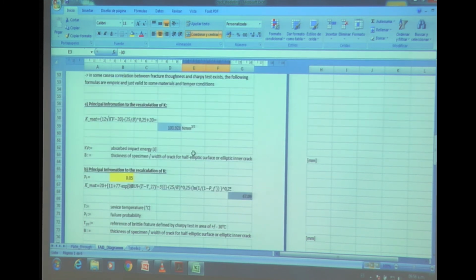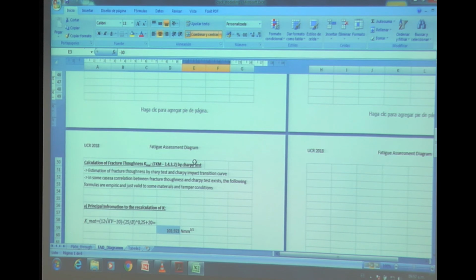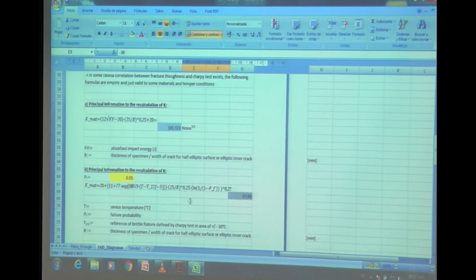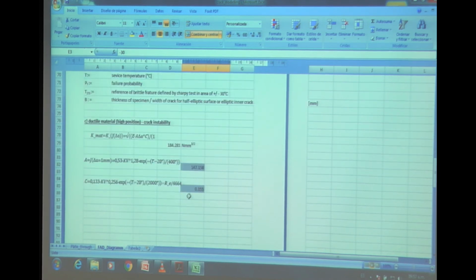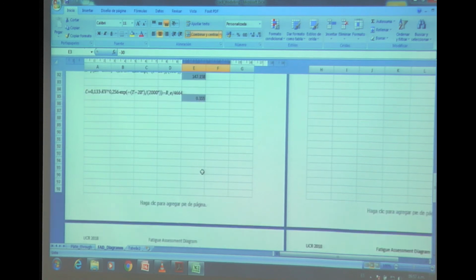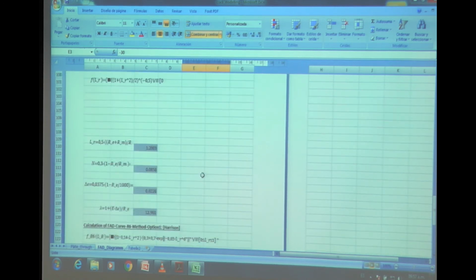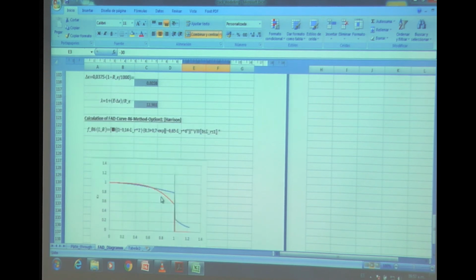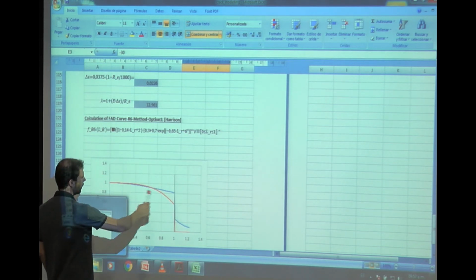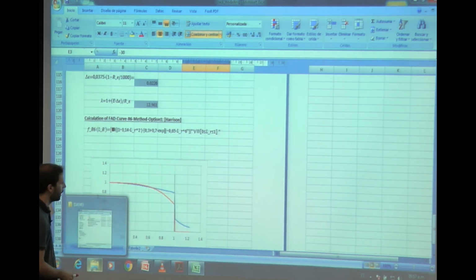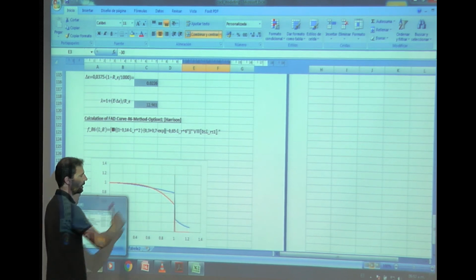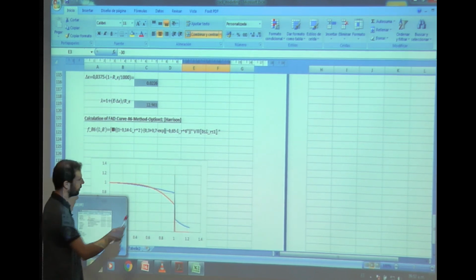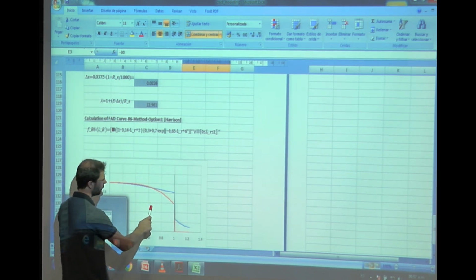You can also go there with the information of the Charpy test and analyze there the K-mat and also get the basic information. And now you can draw, due to the information of the tension test, here again the FAD diagram, and at the end analyze the model and define what point is here.